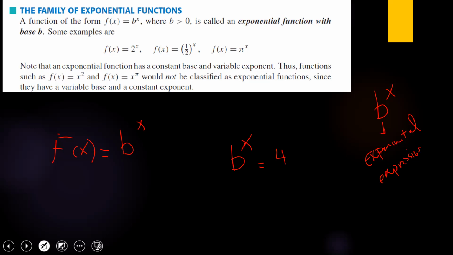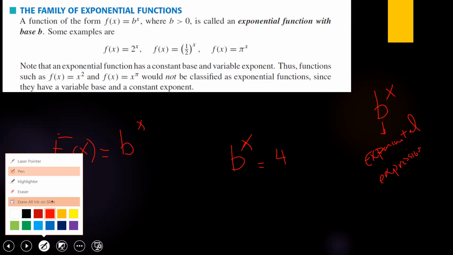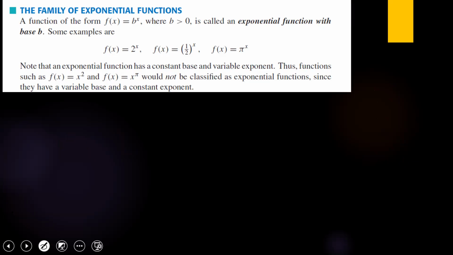And if we have f of x equal b to the power x, this is an exponential function. Now this is an exponential function with a base b, because later on we will talk about a base e. So an exponential function with a base b, such as f of x is 2 to the power x.